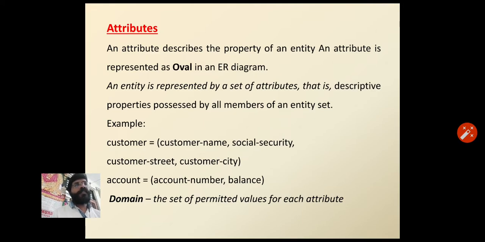For example, customer is an entity, and what are the properties of a customer? Customer name, customer street, customer state, customer city. These are the attributes of the customer entity. Domain is the set of permitted values for each attribute.